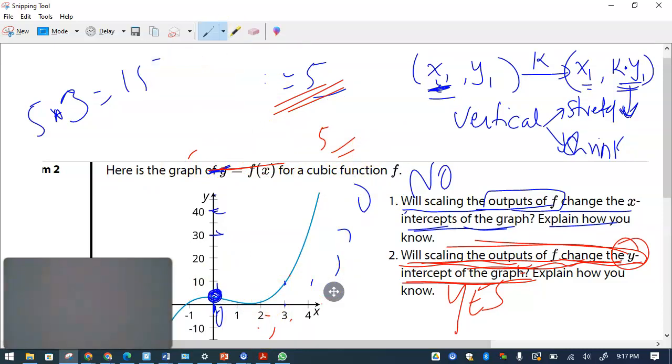If I want to scale it by a scale factor of 5, it will go 5 times 3 is 15. So the output changes, so the y-intercept will change to 15. So this goes here. So that is yes, and you can write this answer. This is 0, 3, and this is 0, 15. So 3 goes to 15.